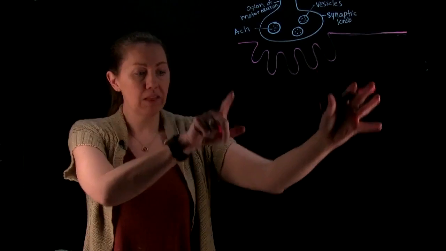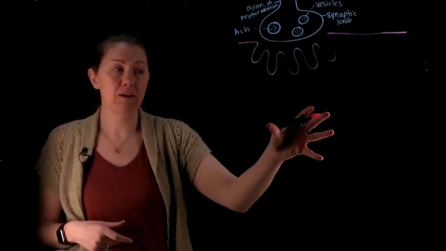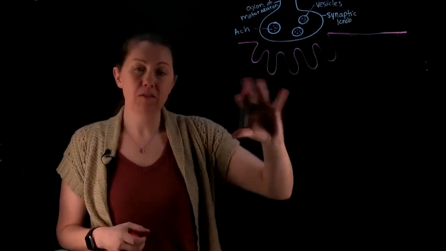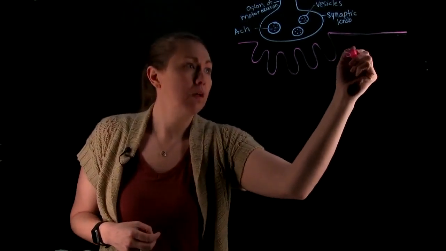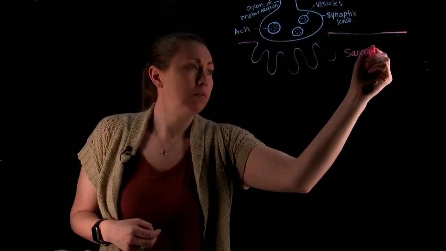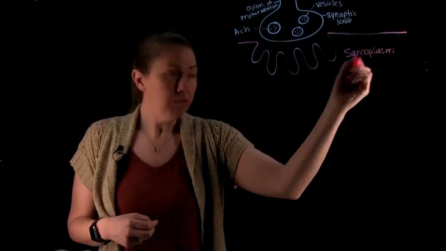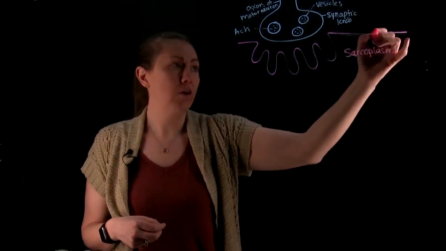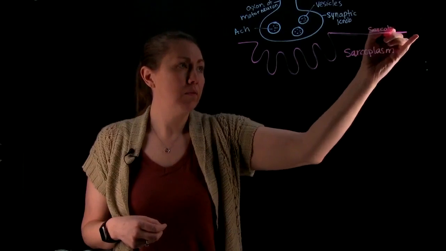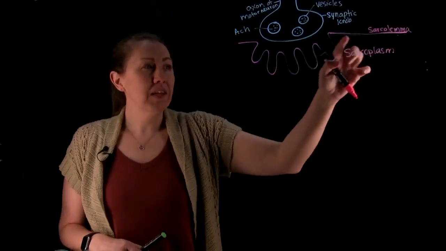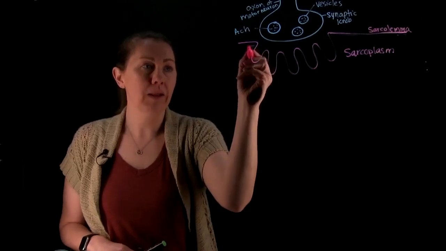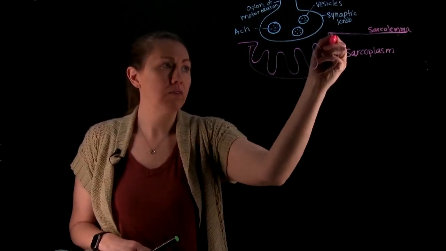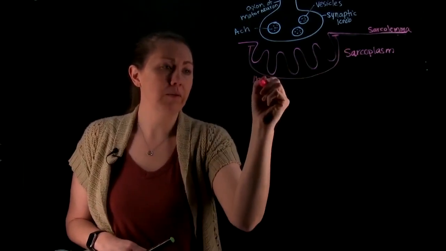So this right here, everything down, kind of picture this as being inside of the muscle fiber. That space inside of there is called the sarcoplasm. The membrane is going to be the sarcolemma. Specifically, the part of the membrane where you have folds is going to be the motor end plate. So all of this over here, from here to here, is your motor end plate.